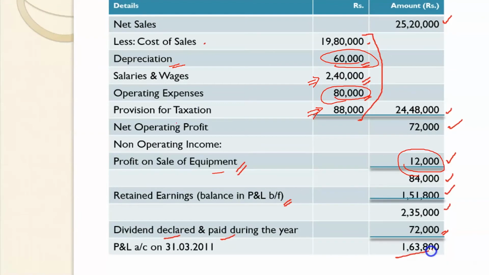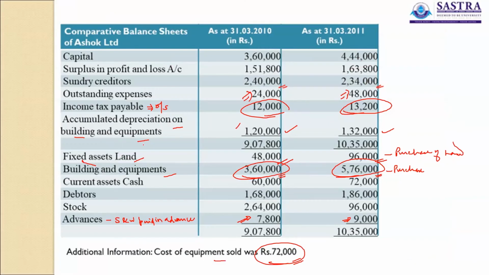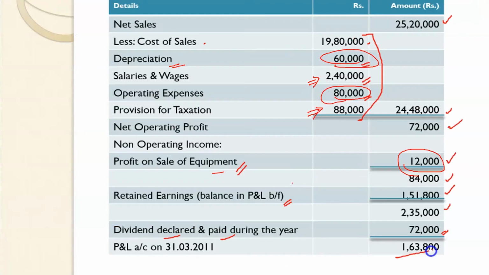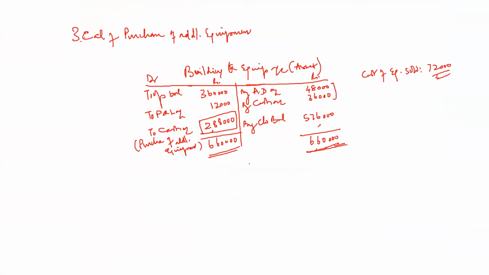So this treatment is not required with regard to land. We can simply compare the difference between the opening and the closing. So 48 becomes 96, which means another 48,000 worth of land was bought during the year. You can directly take it as additional purchase. Now we can calculate cash from investing activities.